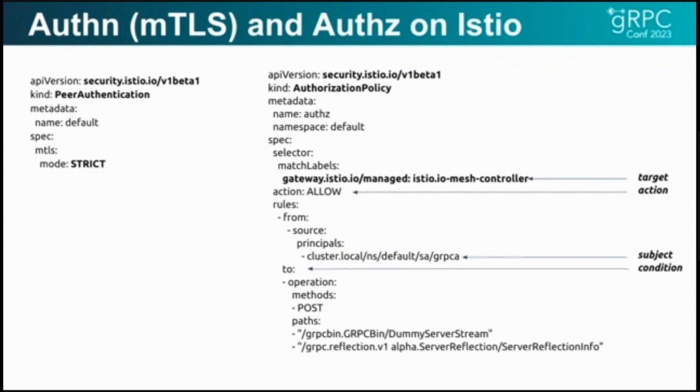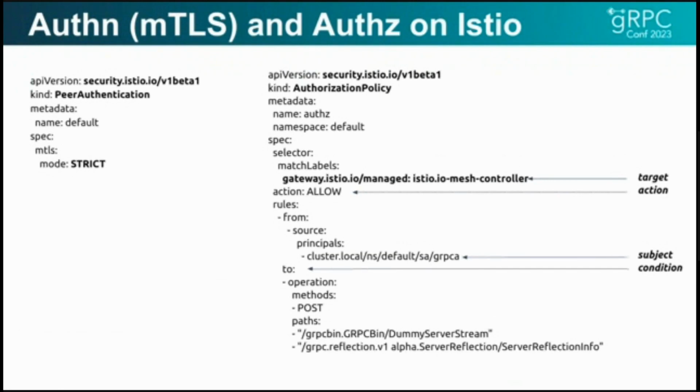On the authorization side, you can filter by the policies that we saw in the beginning. You have the target in the selector with the match label, you have an action, allow or deny, you have the principal that's generating this, and you have a condition where you can filter whether this rule is applied or not.